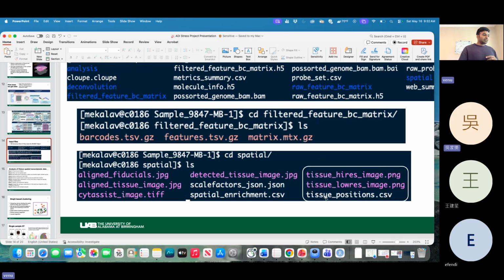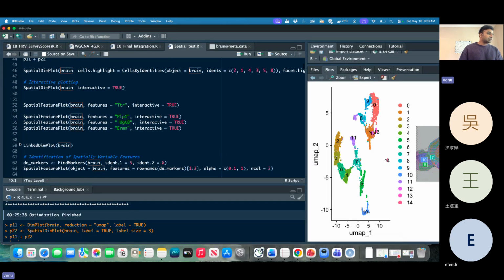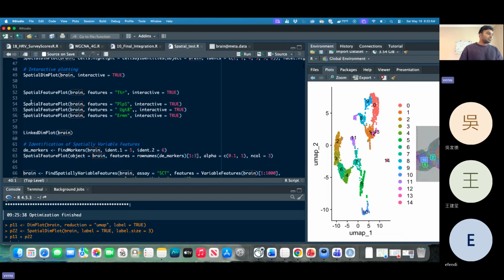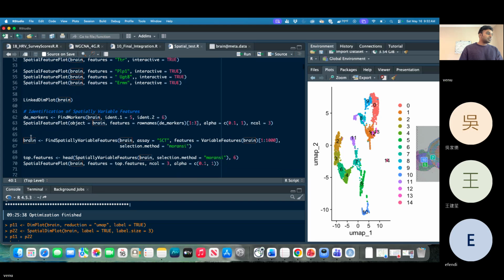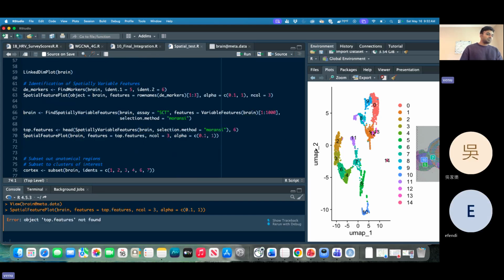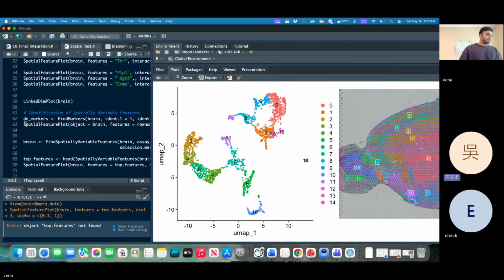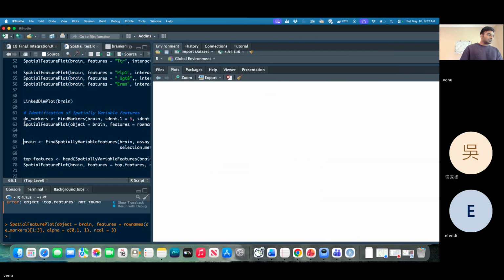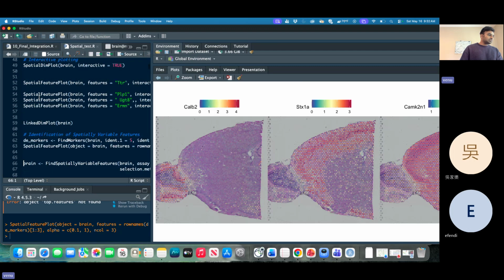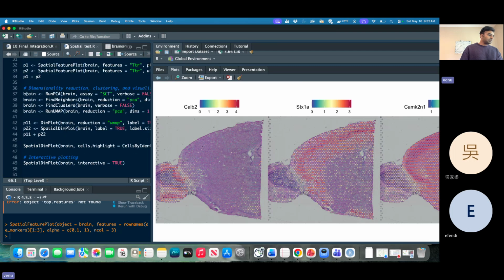Let's go back to the spot, the spatial feature plot, brain one. Okay.